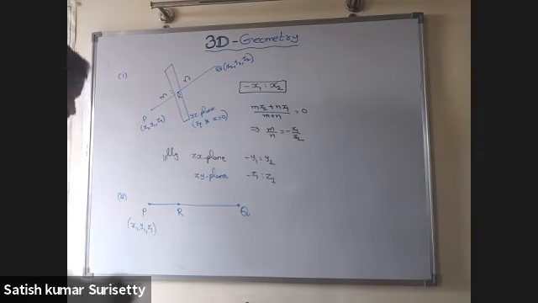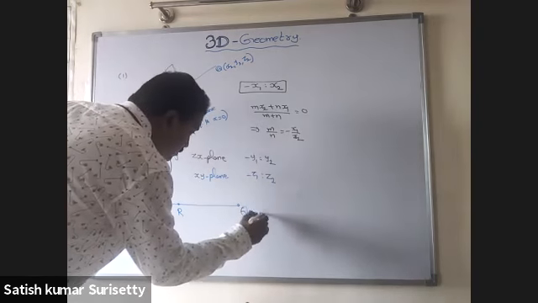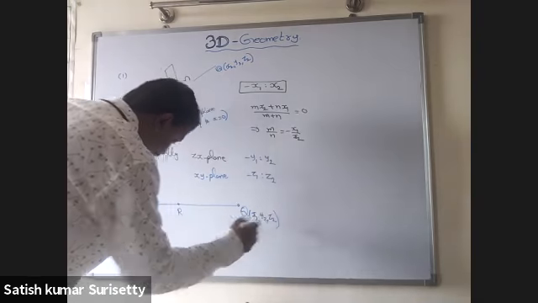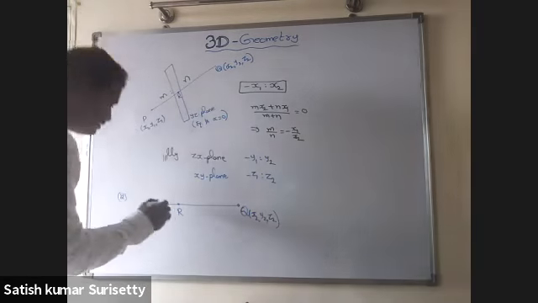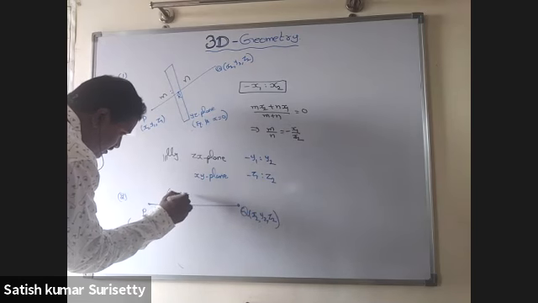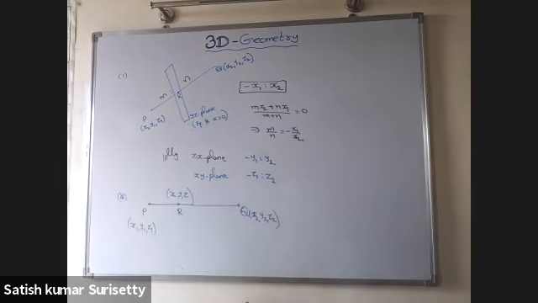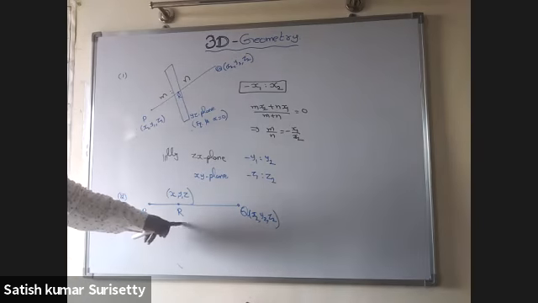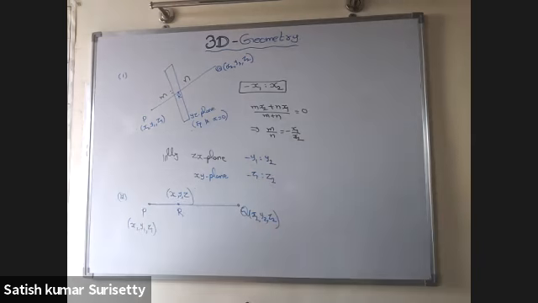P(x1, y1, z1), Q(x2, y2, z2) and R(x, y, z). Let R be a point on PQ.